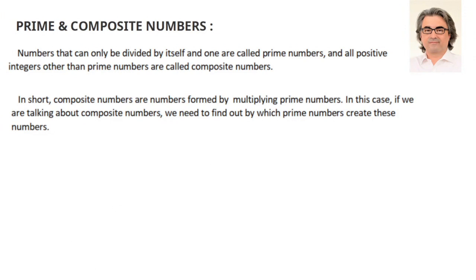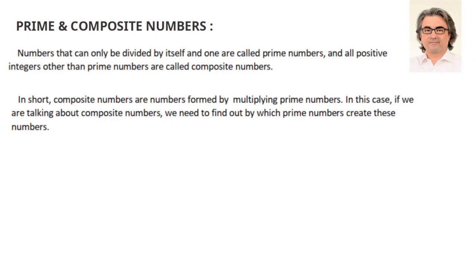In this case, we can compare prime numbers to cells, which are the building blocks of our body and our organs. Am I right? Which are formed by the combination of cells, like composite numbers. So the cells in biology are like prime numbers.